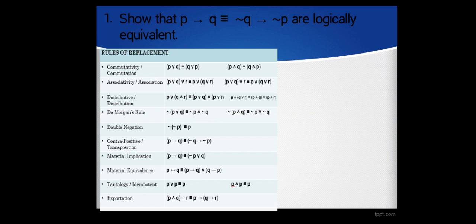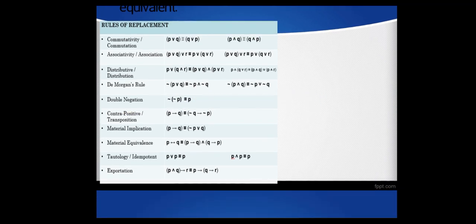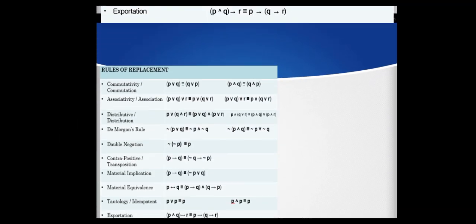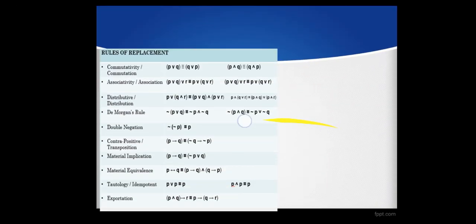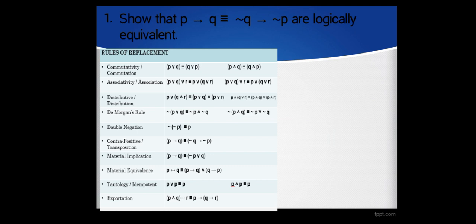First we will copy the P implies Q, then we will use the material implication.